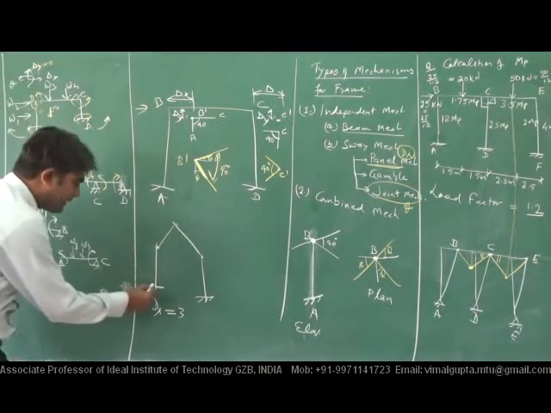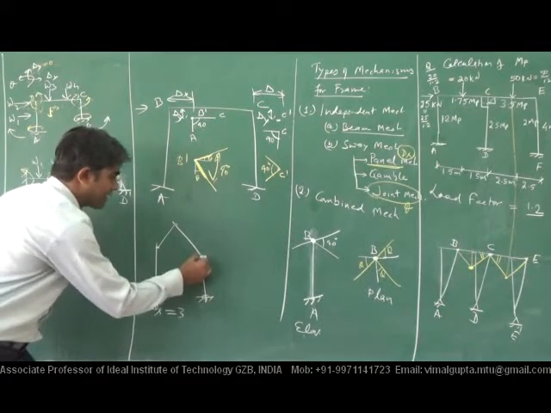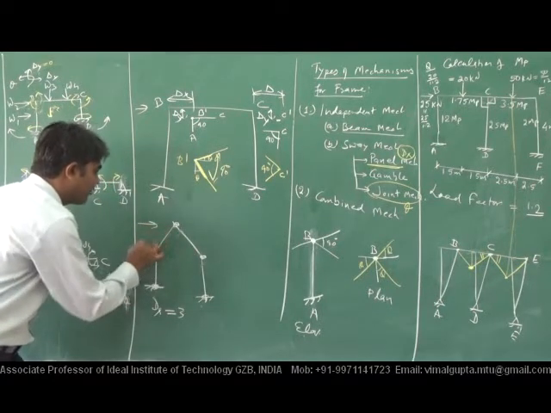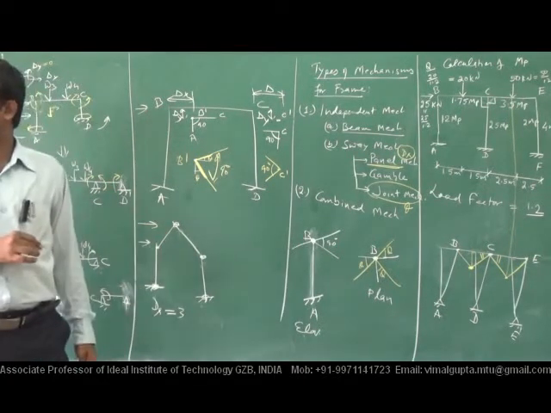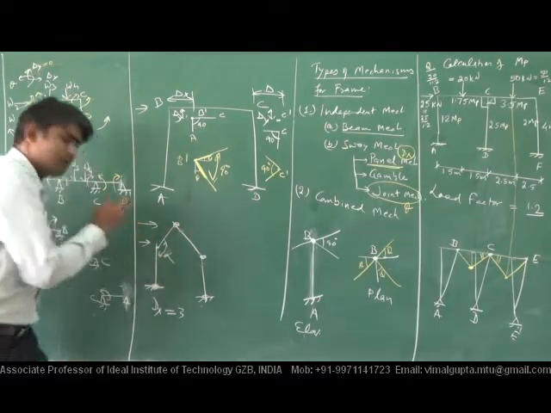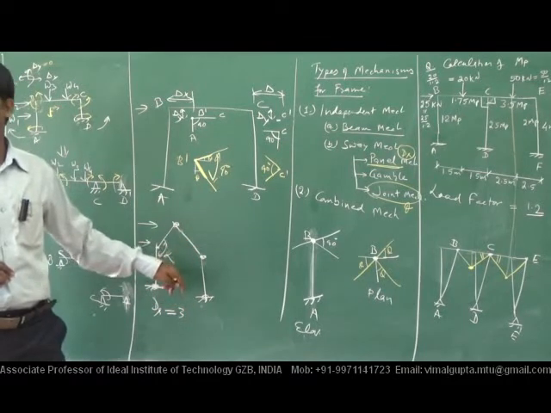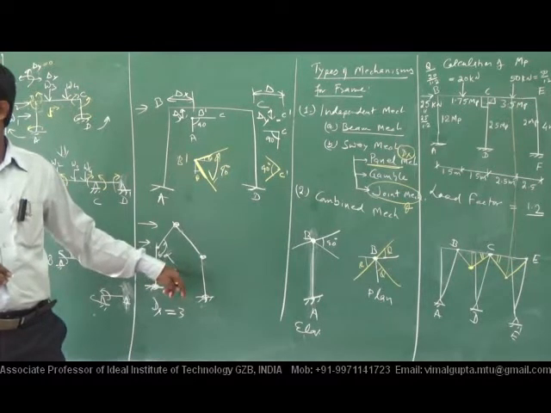So any 4 can be taken, like if I have taken this, this, this, and this, and if the load is in this form, then whatever angle there is, the angle between them must be retained. That should not be changed.